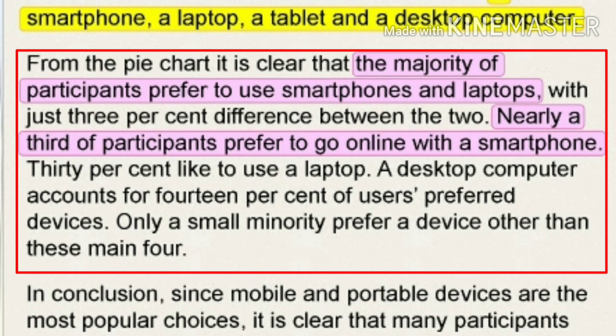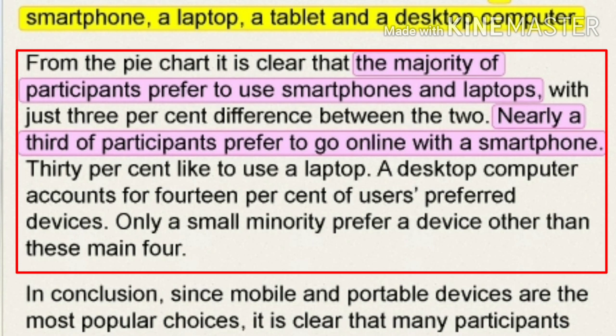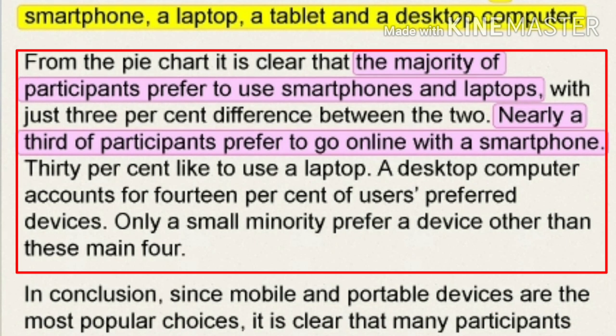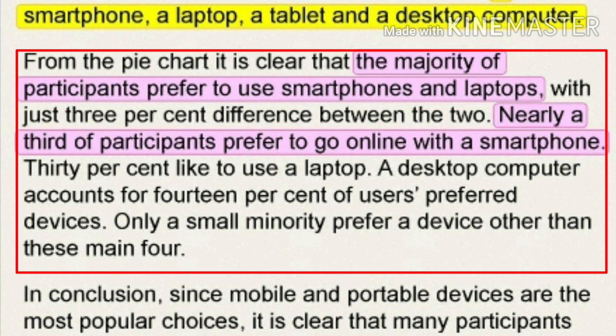Second paragraph. From the pie chart, it is clear that the majority of participants prefer to use smartphones and laptops, with just 3% difference between the two. Nearly a third of participants prefer to go online with a smartphone. 30% like to use a laptop.